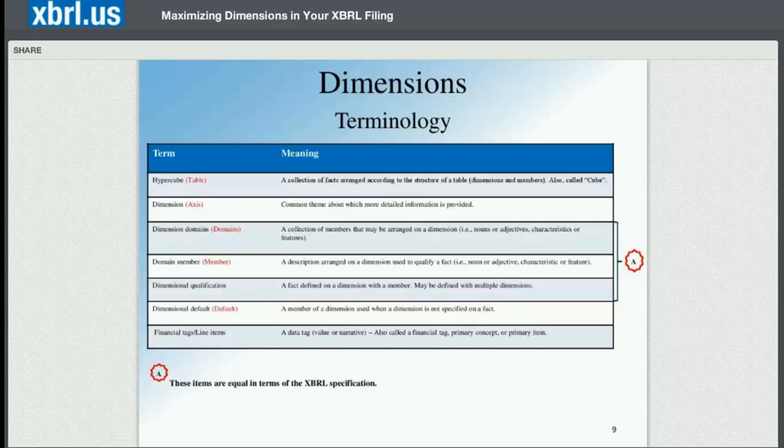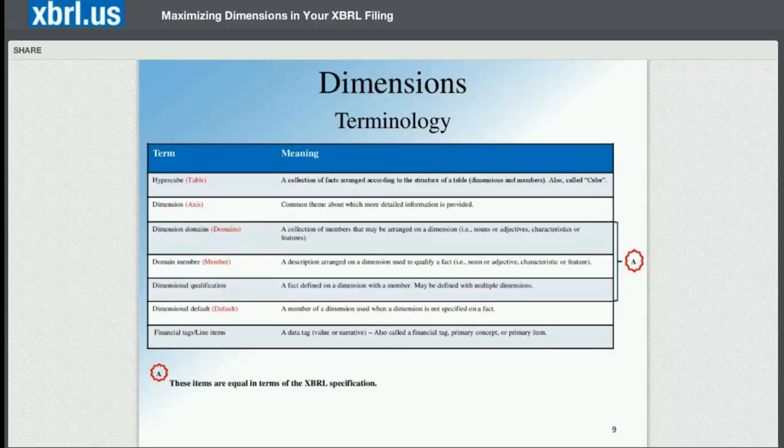The last thing here that you can see is financial tags, line items. Those are synonymous as well. You might also hear them called primary concepts, financial tags, or something of that sort. But those are the elements that actually tag the data. Members and axes don't tag data. They, in conjunction with the line item, add additional information to the line item.